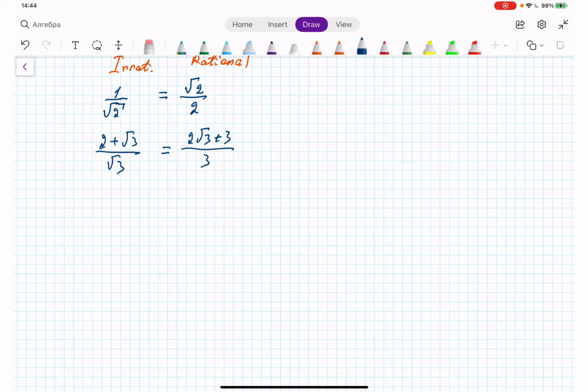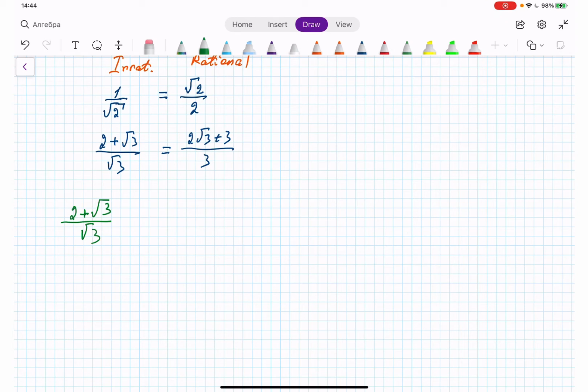Okay, that said, let's start. Let's take the simple case. We have 2 plus square root 3 over square root 3.